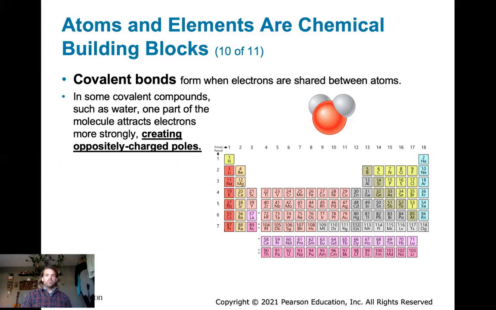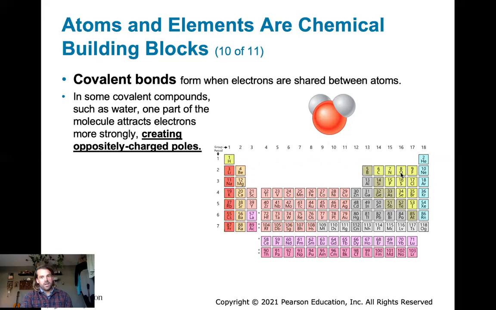Covalent bonds form when electrons are shared between atoms. Okay, over here I've got a water molecule. This red blob is oxygen. Gray denotes hydrogen, and these water molecules represent covalent bonds. And so in a covalent bond, the oxygen molecule, looking down here, has how many protons?